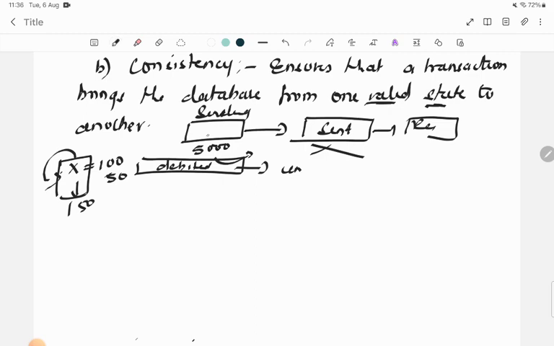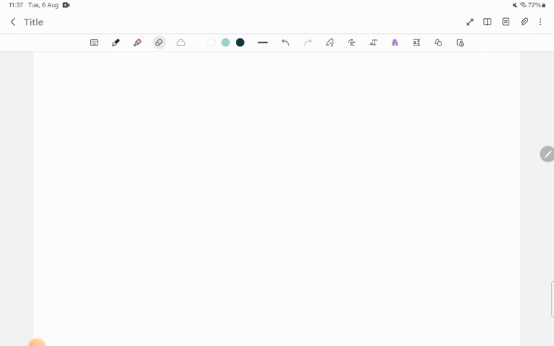Fine, let's go to property number 3, which is isolation. Okay, what is isolation? It means isolated. So let me write what this property is.